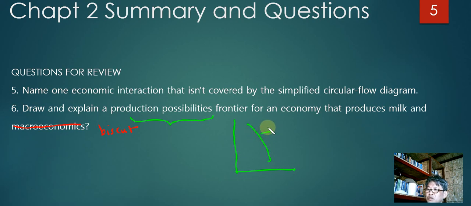This is what we call the frontier. The curve here, the inner sections and outer sections here, right? Along this frontier, this is maximum efficiency. That's efficiency.